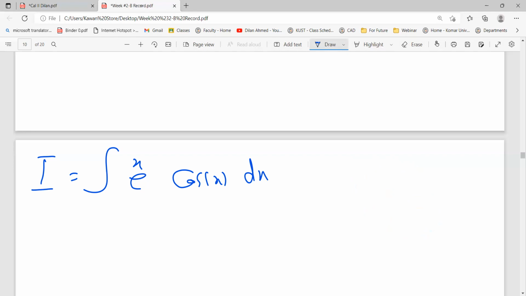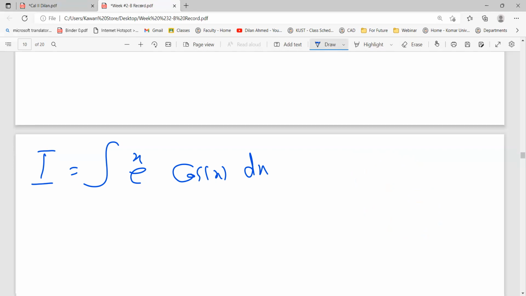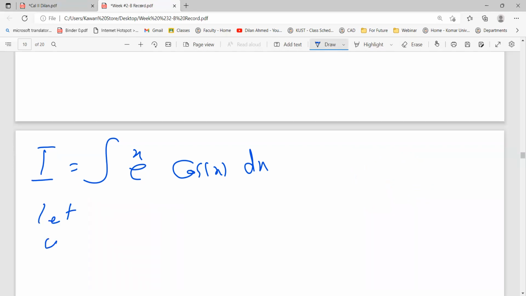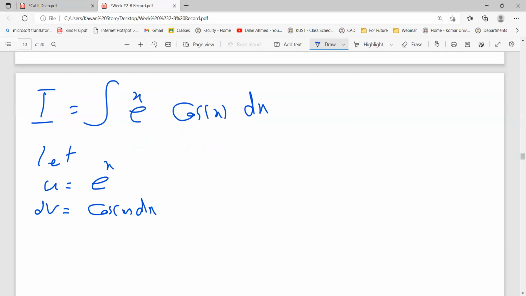You have two functions, right? And you cannot use the tabular here because the derivative of none of them is equal to 0. So let u be, okay, and second step, dv, understood.